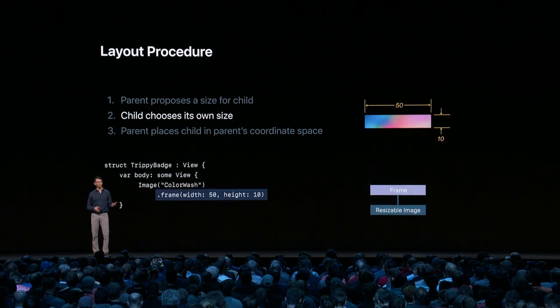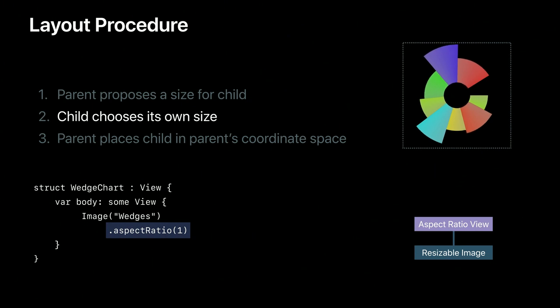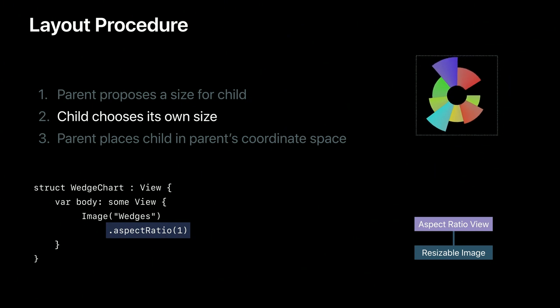Since every view controls its own size, it means when you build a view, you get to decide how and when it resizes. For example, this view is a non-negotiable 50 by 10 points by virtue of the fixed-size frame at its root. And this one is flexible, but the height and width are always the same.